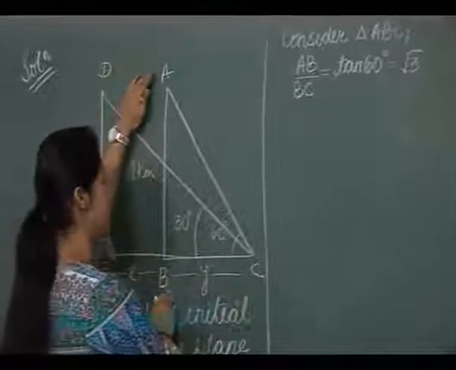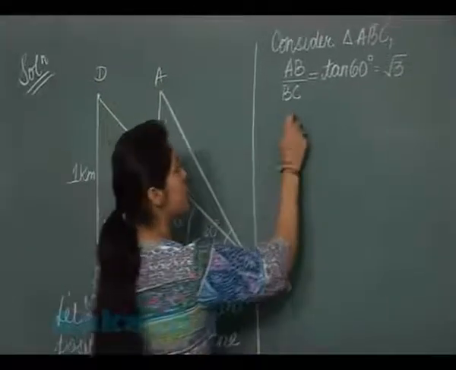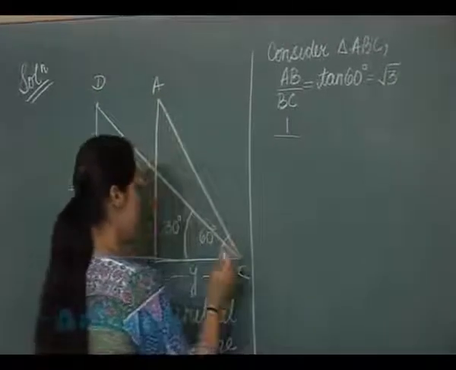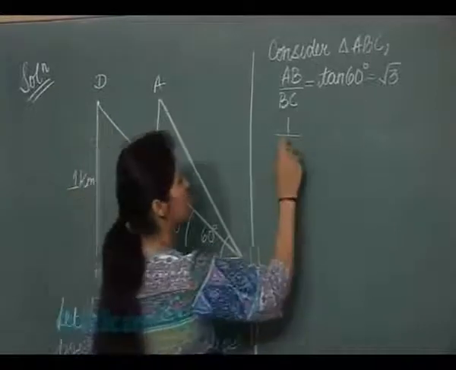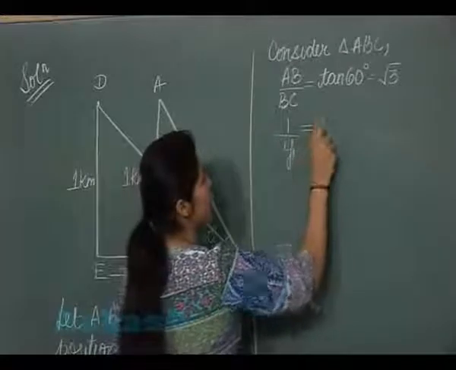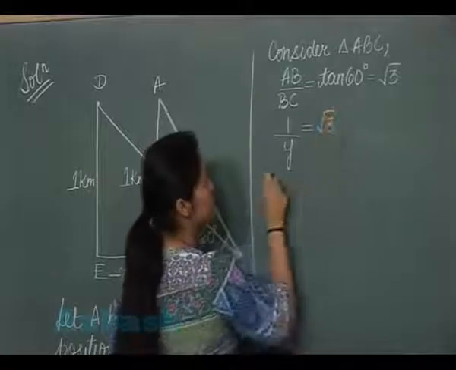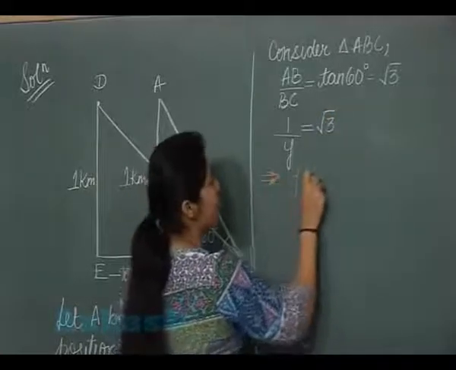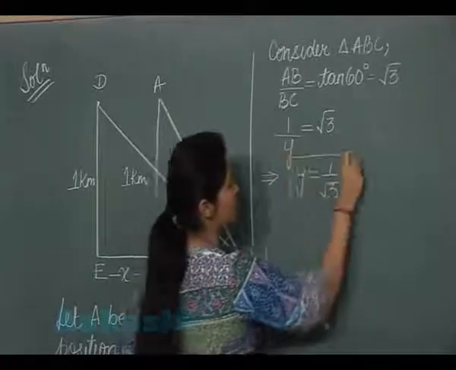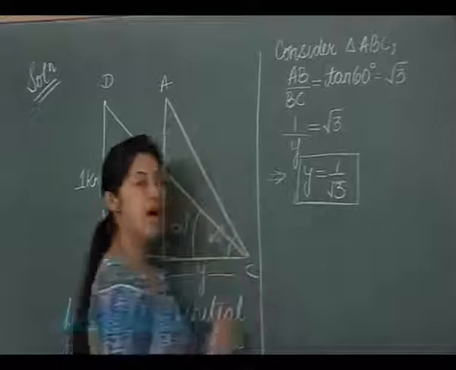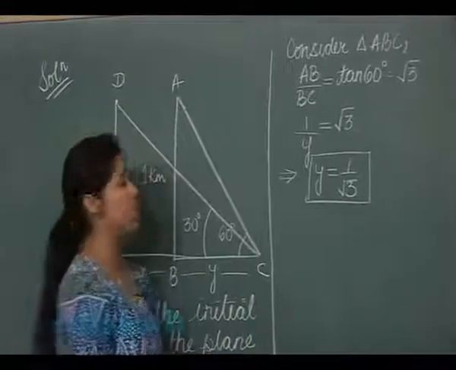Now what is AB? AB is 1 kilometer, so it will be 1 upon BC, which we have assumed to be y meters. So it is 1 upon y, equal to root 3. So this implies that the value of y is 1 upon root 3. So student, we have got the value of y.